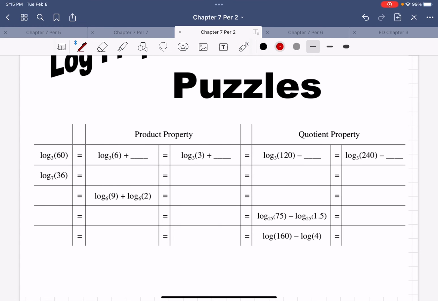So for example, we've only done one, but we kind of figure out that adding means multiply for logs. So if the answer is log base 3 of 60, that could be log base 3 of 6 plus, well, if I need to multiply to get 60, this must be log base 3 of 10. Same thing here. If I need to multiply to get 60, this must be of 20, etc.